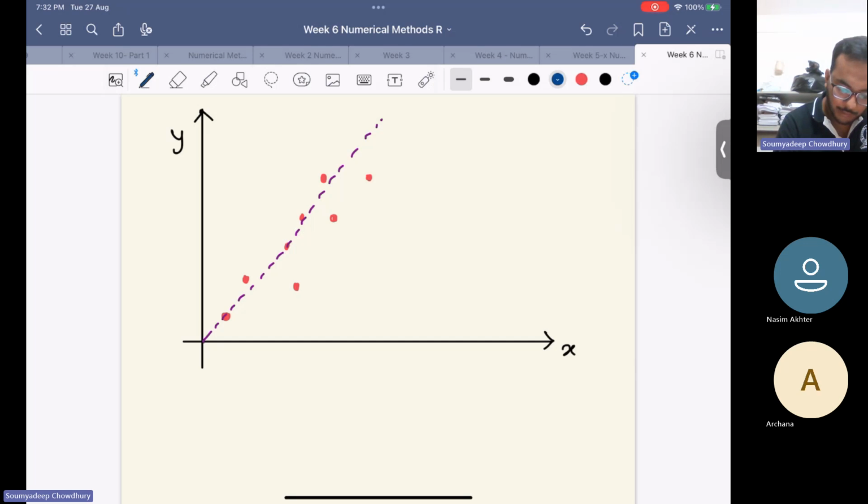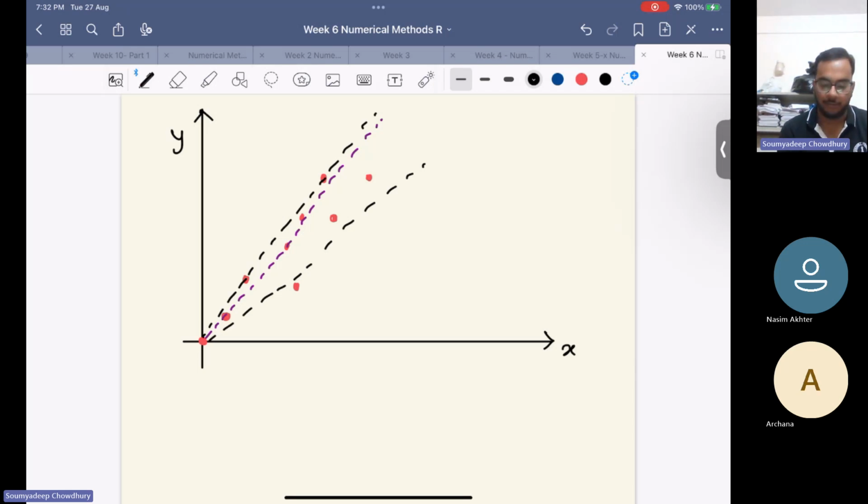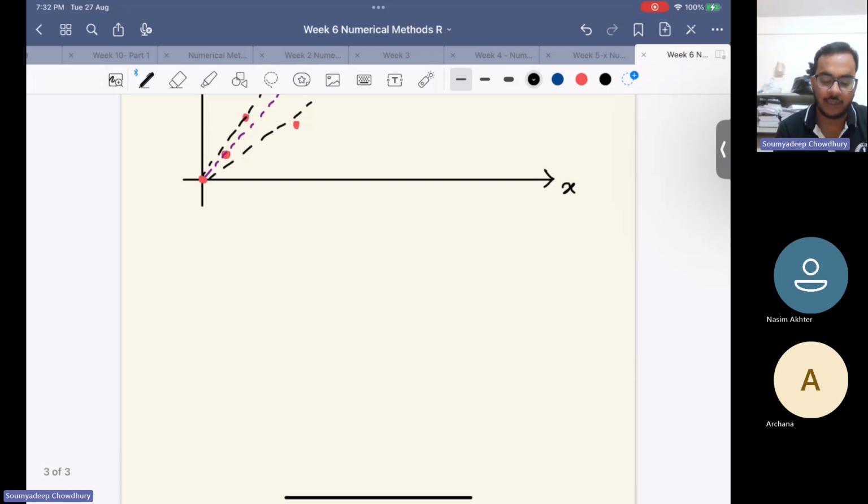Suppose you have a value here also, 0 at 0. So like this, multiple lines are possible, right? If I draw one from here, this is also possible. If I draw one from here, that is also possible. So based on this, you have to find which is the most accurate line. That is known as regression.